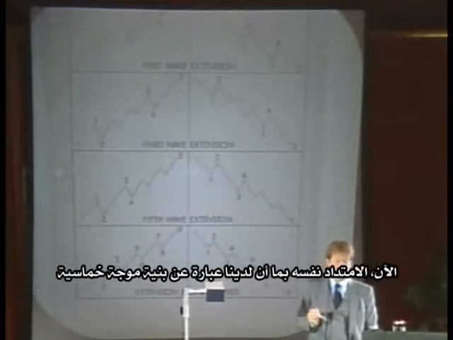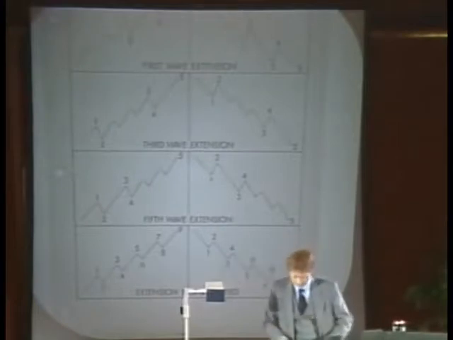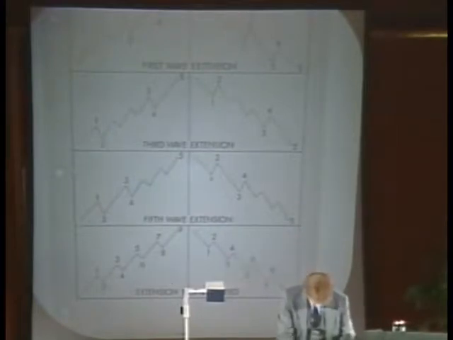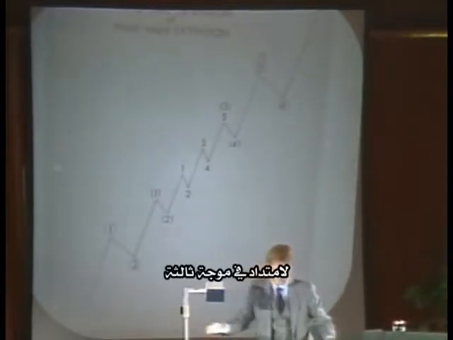Now, the extension itself, since it is a 5-wave structure, can also contain an extension within an extension. Let's take a look at page 2.5. Here's an example of a 3rd wave extension of a 3rd wave extension.